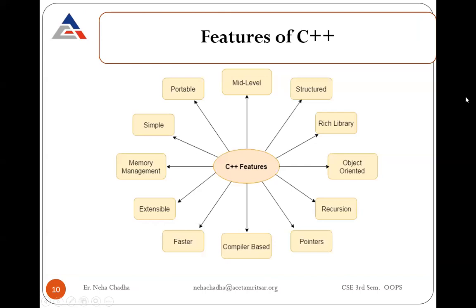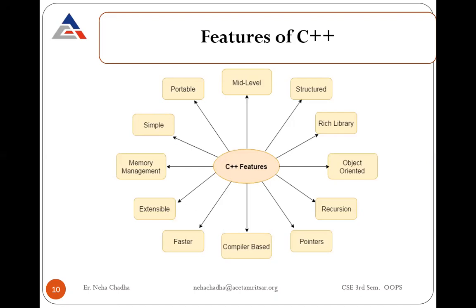C++ features: middle level, structured, rich library, object-oriented, recursion, pointers, compiler-based, faster, extensible, memory management, simple, portable. Now, first coming to the first feature, that is the simple. C++ is simple language in the sense that it provides structured approach to break the program into some parts.